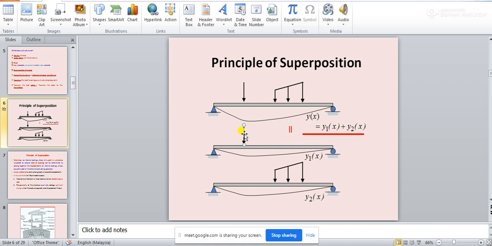So if you sum the individual deformations caused by individual loads acting on a structure, that sum will always equal the deformation created by all the external loads acting together on the structure, and that is the principle of superposition.